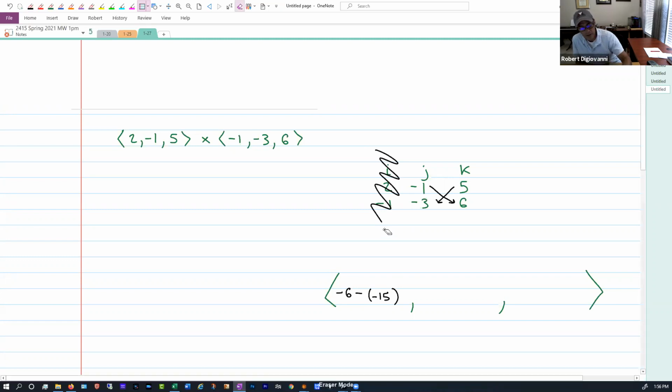Now, to get the J piece, the part in the middle, I cover up the middle and I do the determinant on these. So 2 times 6 is 12, minus -1 times 5, which is -5. And don't forget, I must change the sign of this answer once I'm done.